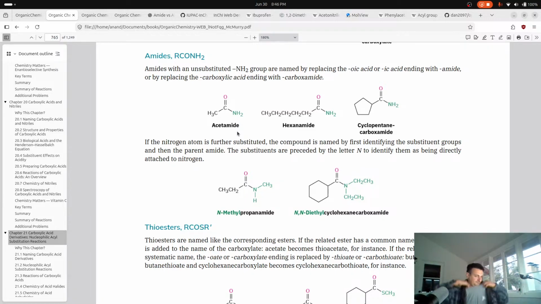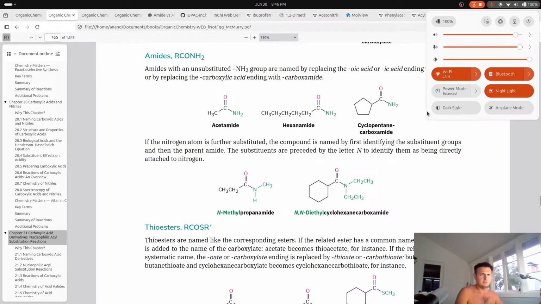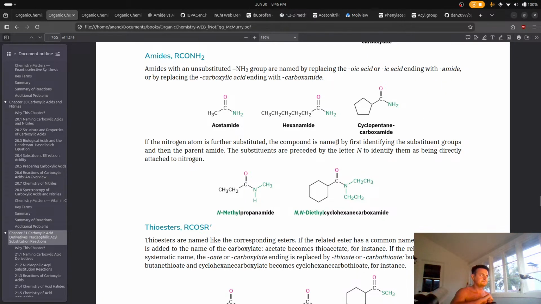All right. So if the nitrogen atom is further substituted, the compound is named by first identifying the substituent groups and then the parent amide.